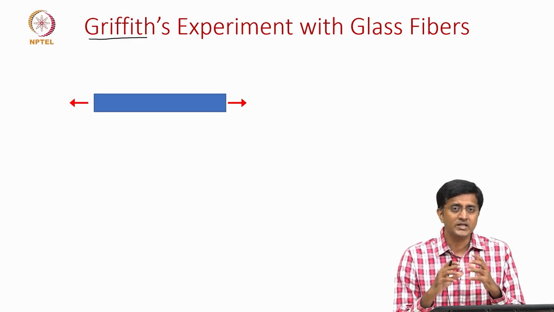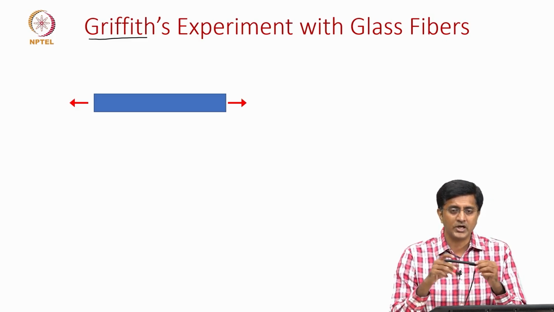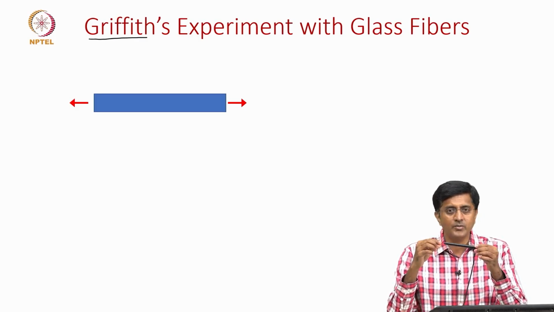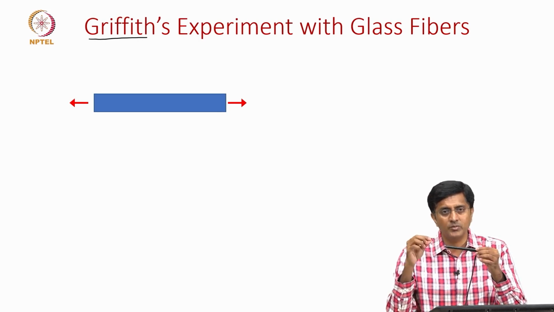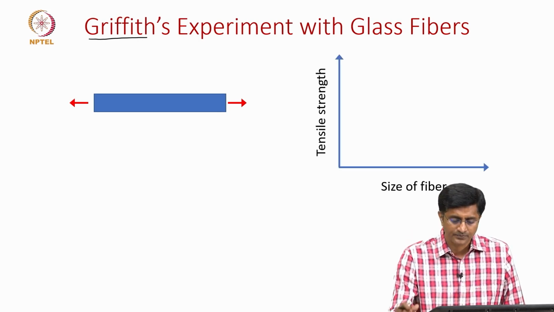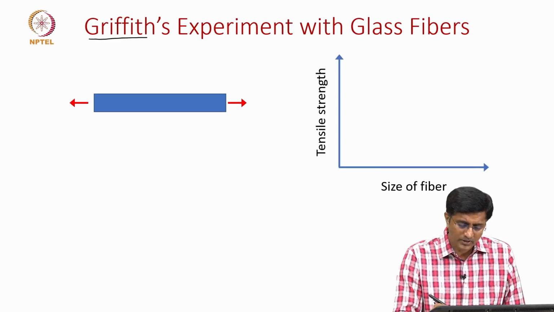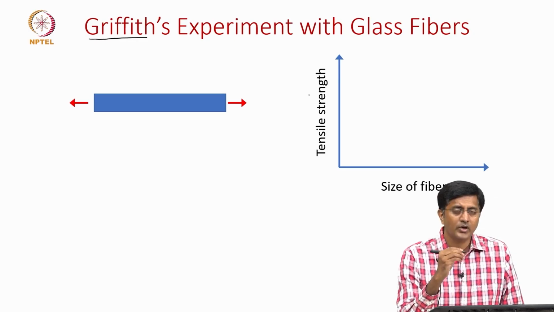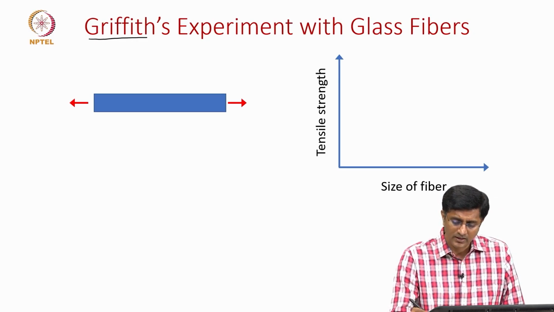This experiment he repeated with different diameters, starting with glass rods of a few millimeters in diameter, then gradually decreasing the diameter to a millimeter or a sub-millimeter diameter. He plotted the tensile strength, or the load at which it fails, on the y axis, and the size of the fiber on the x axis.